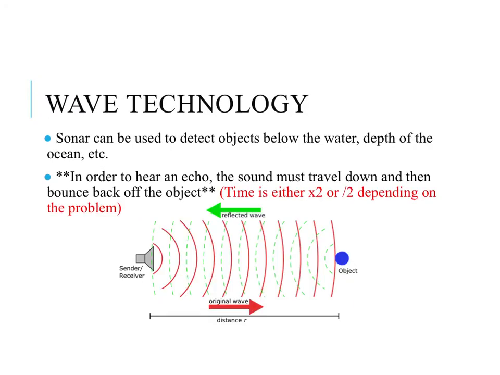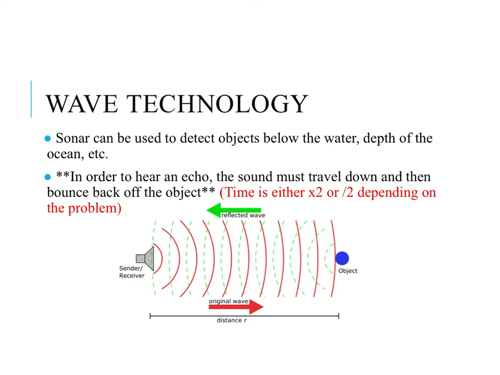Right? So sonar is a great way for us to gauge how far something is, where other submarines are, where there are other objects, things like that. So we have echoes. If we know the speed of sound in water and we send out a pulse, it's going to go down, strike that surface, and then come back.